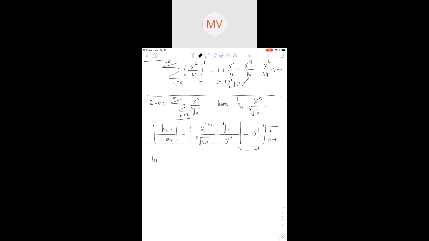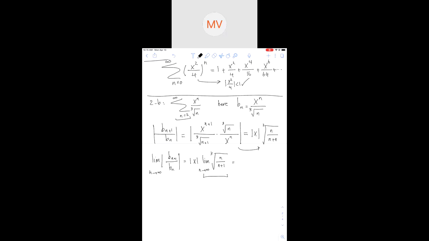All right, now let's take the limit of that as n approaches infinity. The x is constant with respect to n, so we need the limit of cube root of n over n plus 1 as n approaches infinity. Question, what's that limit? Ignore the cube root.